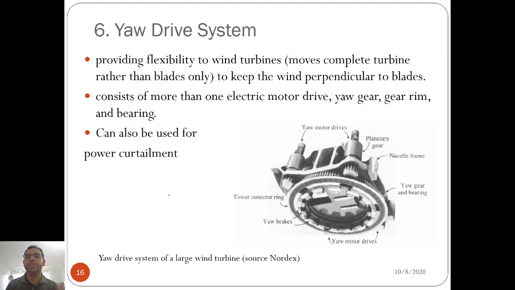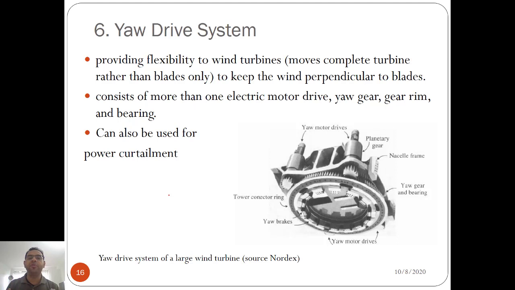The second possibility is, rather than moving the blade, what if I move my whole turbine, left and right, to get it adjusted with the wind speed and wind direction. Especially with the wind direction, rather than changing the blades, because a change in the pitch angle can provide us maximum power point operation only up to a certain range.